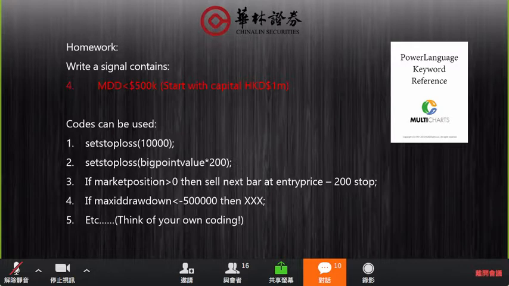And also, if you use entry price, for example, your entry price is, let's say, 1,000 points, then the stop loss will be 800 points. Then you can write a script like the third one, okay? And also the max drawdown is basically the same thing. All right, you can use some of the built-in or reserved words. Okay, and of course you can think of your own coding. I saw some of you did it in the homework weeks.